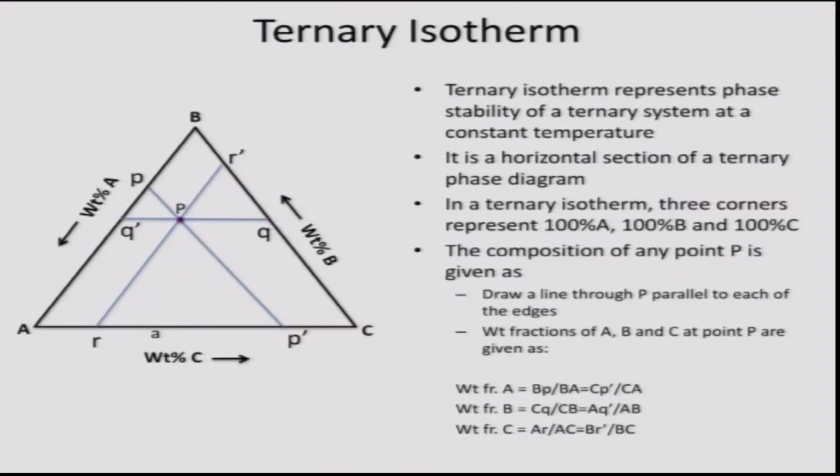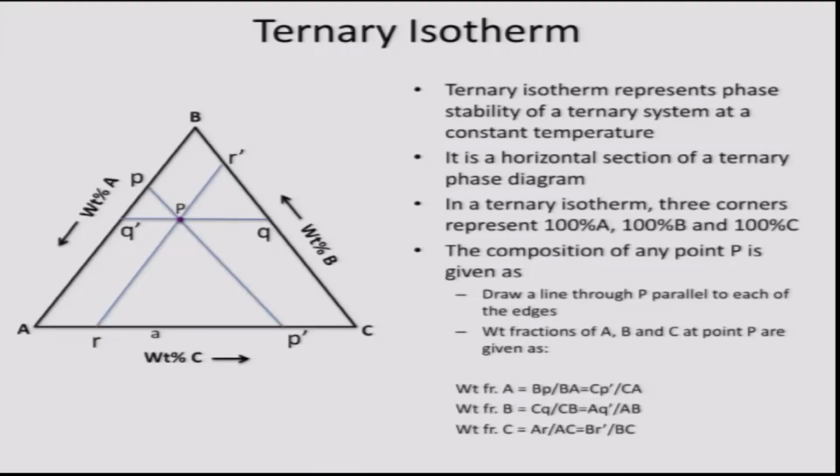As the name suggests, a ternary isotherm is nothing but an isothermal section of a ternary phase diagram, and since a ternary phase diagram is a triangular prism, an isothermal section should be an equilateral triangle. I have shown one such triangle here, ABC. Now, how do we read the composition of a point inside a Gibbs triangle?